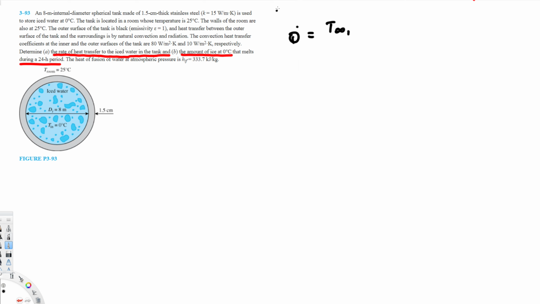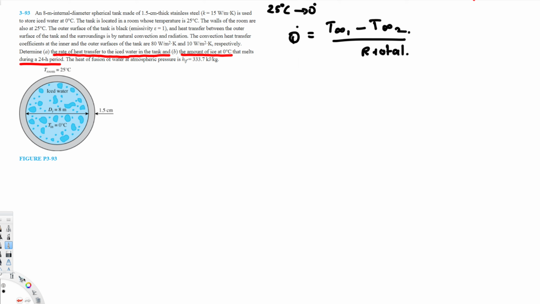The heat will always transfer from hot to cold. So outside is 25 degrees Celsius and inside is 0 degrees Celsius, so this is going from outside to inside. So the initial is 25 minus the inside temperature, infinity 2, and then we divide by R total, right?